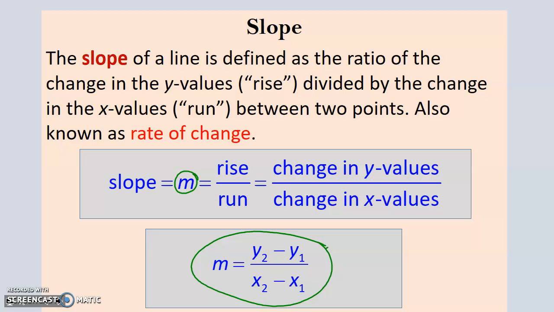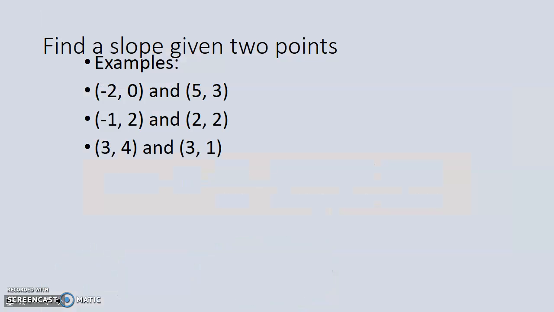So what this means is you'll have 2 points. And you'll take those 2 points and find the difference in your y's and the difference in your x's to find the rate of change. So to start off with, let's say I give you 2 points and I want you to find the rate of change.